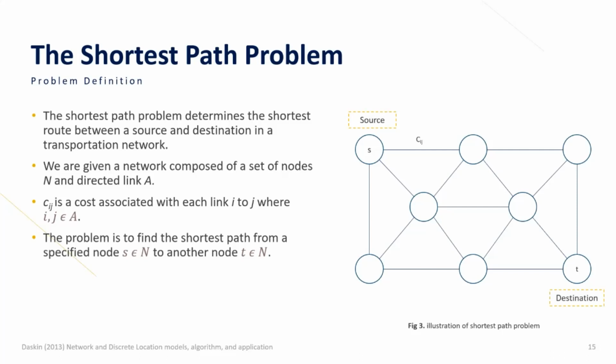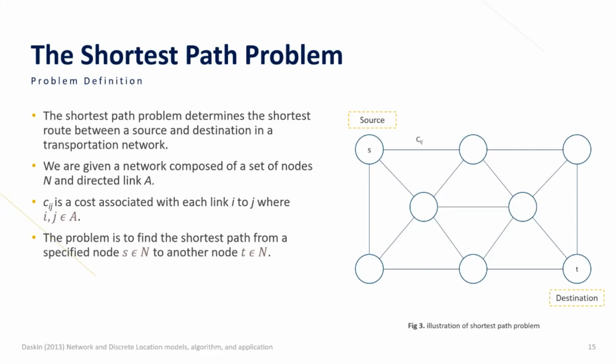We represent the set of nodes as N and the set of links as A. Each link is associated with a cost, represented as Cij, the cost of using link i to j, for example based on distance.